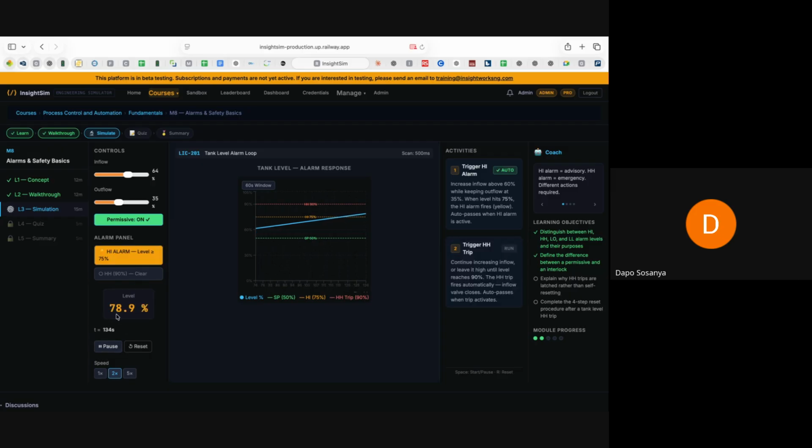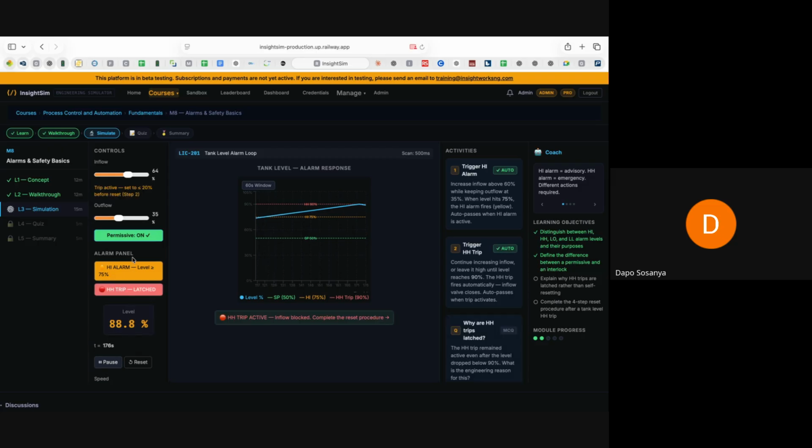Okay, so you can see the I alarm kicked in, and then you can see the II trip active. Immediately the II trip came in, you can see that the level started going down. The job of that trip is to bring the process back to a safe condition.